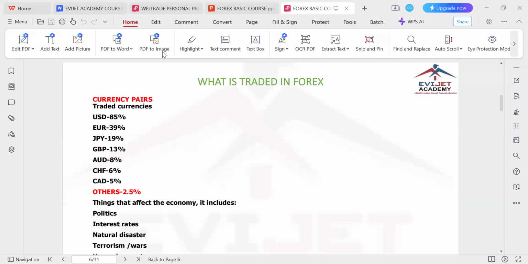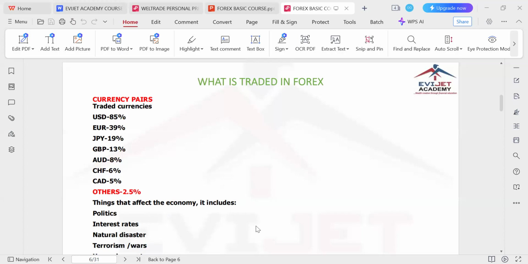So USD has 85%, then Euro is the next at 39%, JPY 19%, GBP 13%, AUD 8%, CHF 6%, Canadian dollar 5%, then others are 2.5%. These others are where you have the Nigerian Naira, the Indian Rupee, you know, all the other ones fall in this other 2.5%.